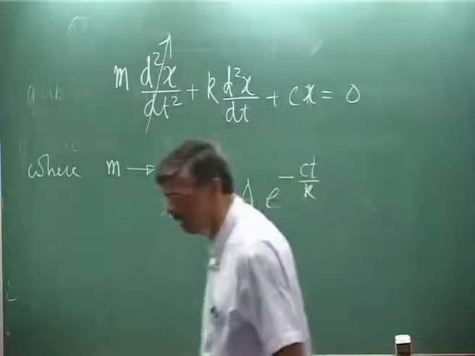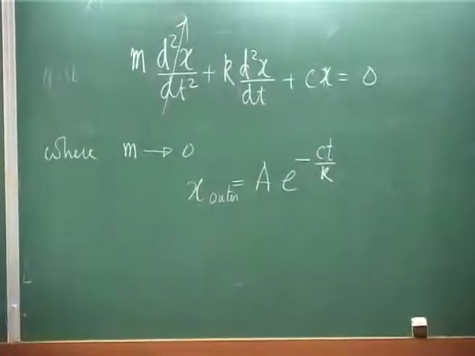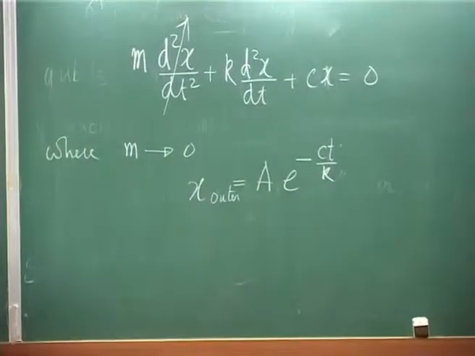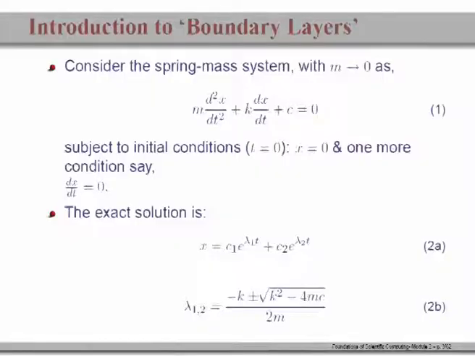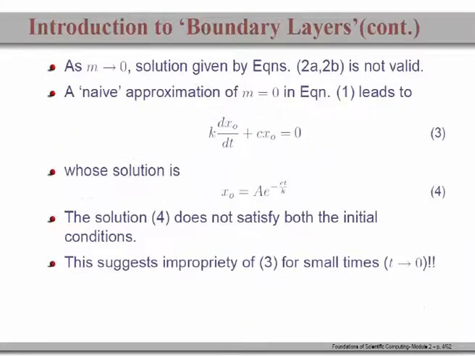So, this solution, as you can see, will not satisfy the initial condition. The initial condition, as we may have shown in the previous slide, was that at t equal to 0 you have x equal to 0, and let us say the velocity is also 0. If I look at this solution, it satisfies neither.